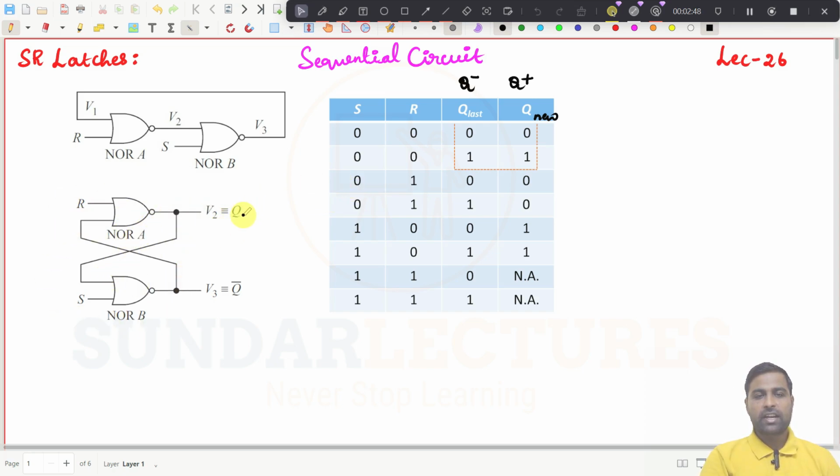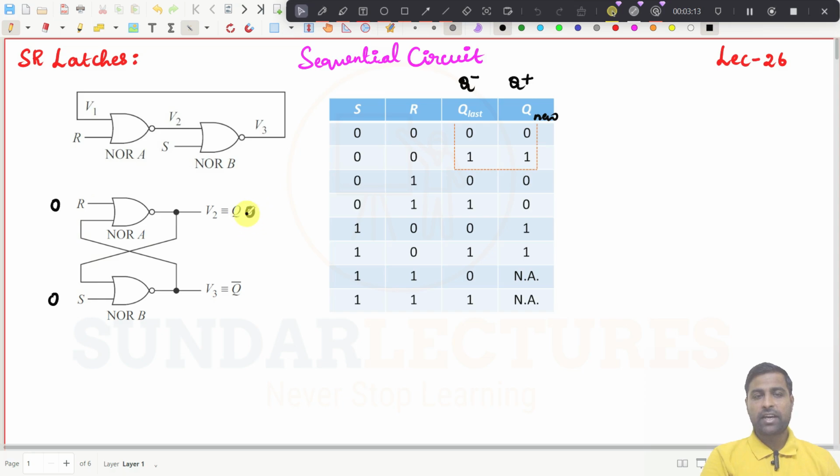Let us assume the previous state is 0. I am going to give this input as 0 and this input also as 0. This is my input, try to understand.